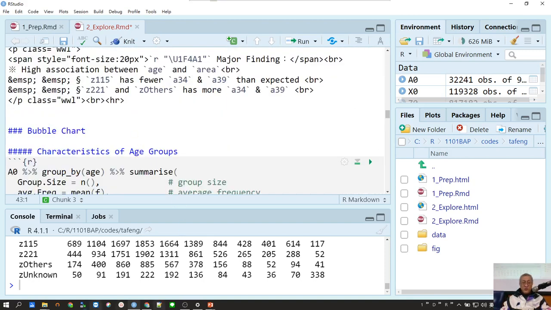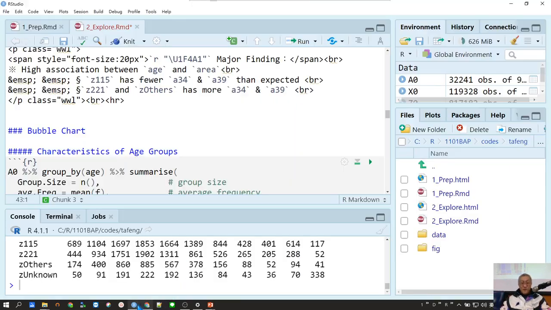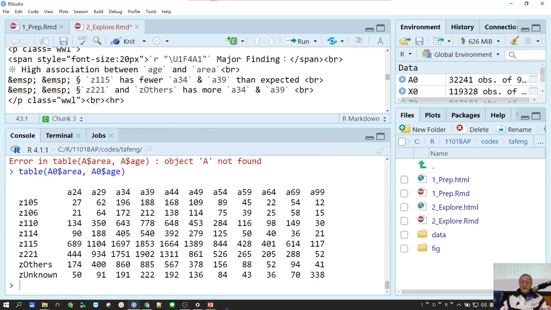And this plot is actually the visualization of that table, okay? It's actually the visualization of that two-dimensional table. Now, the way to look at this chart is that the size of each box represents the number in the table, okay? You have a table like this, right?